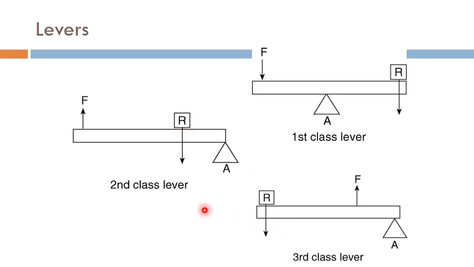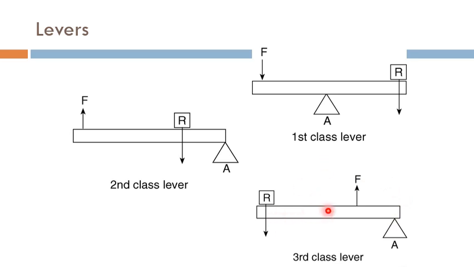Or let me phrase that differently. It will favor force over how much motion takes place at the resistance. So yes, you'll be able to move it, but relatively speaking, the movement's not going to be that great. If we come here to the third class lever, now we see the resistance arm has increased, okay? The force arm has shortened. So here you lose force, but you gain motion.